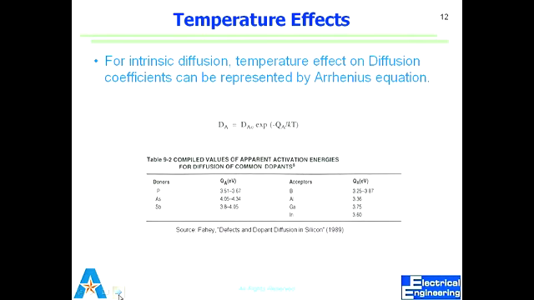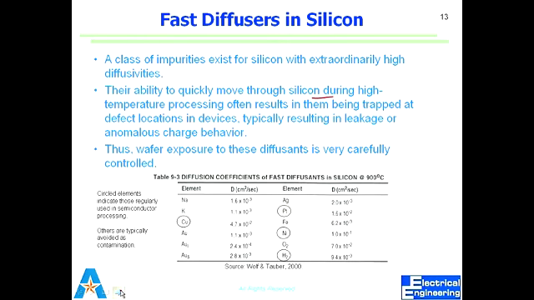Essentially, we take D to be constant, but D basically defines an activation energy that is different for different domains. This Q_A is what we call activation energy. Those show us the dependence on temperature.